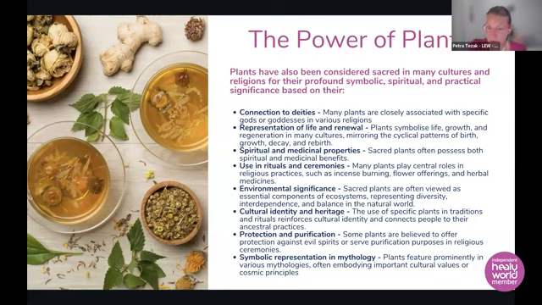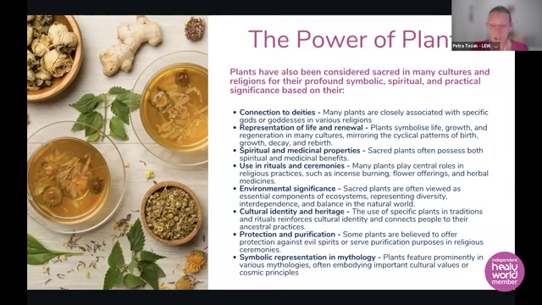Some plants are sacred because they're often viewed as essential components of our ecosystem, representing diversity, interdependence, and balance in the natural world. Some of them are protected because they are almost extinct. So we need to understand plants have a special place in our hearts and in our lives.